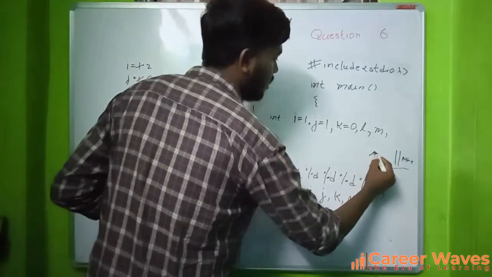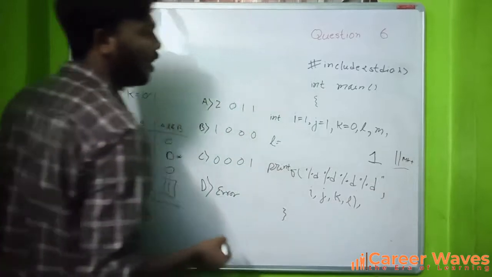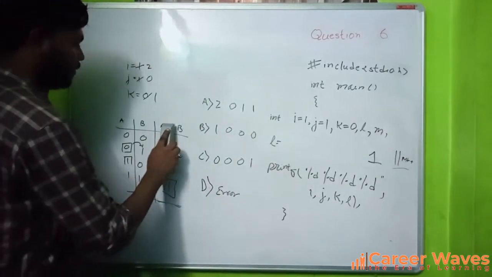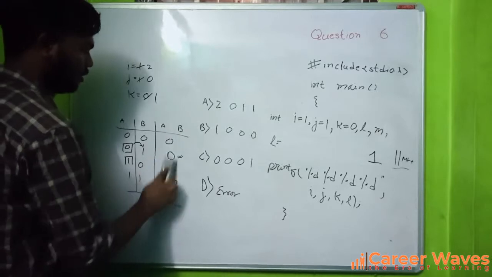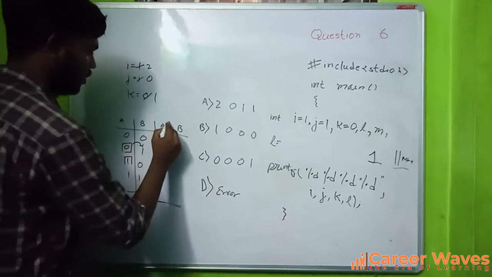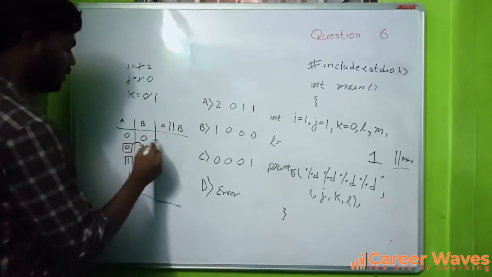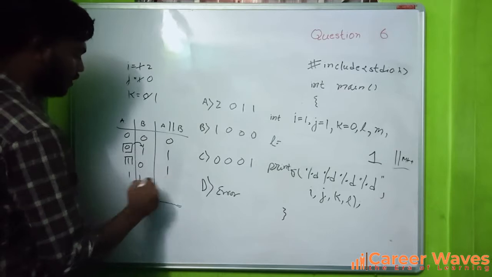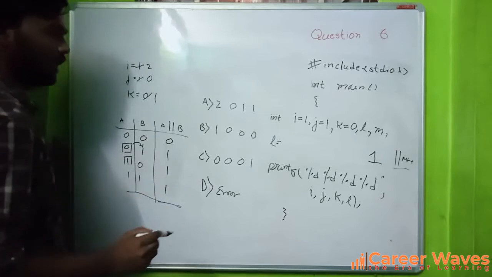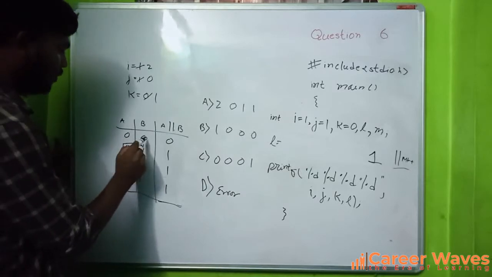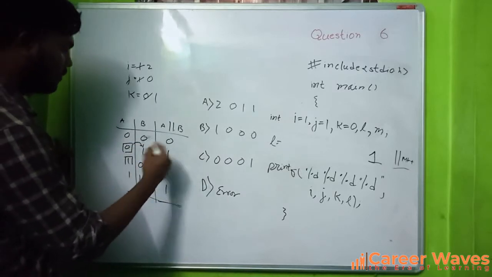Now we have 1 here, so 1 OR with m++. Now let us see what happens with logical OR. 0 0 gave us 0, 0 1 gave us 1, 1 0 gave us 1, 1 1 also gave us 1. One thing to be noted is, if any of the two values is 1, the output comes out to be 1.